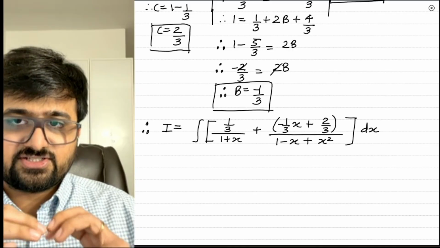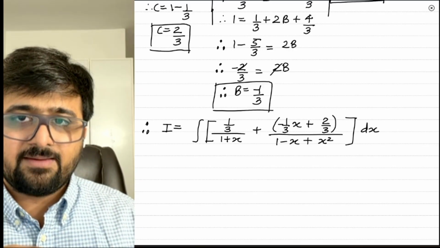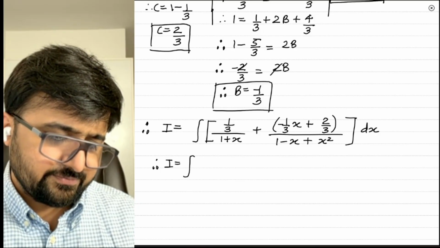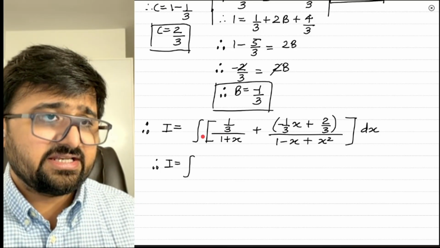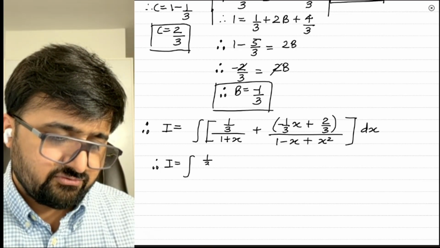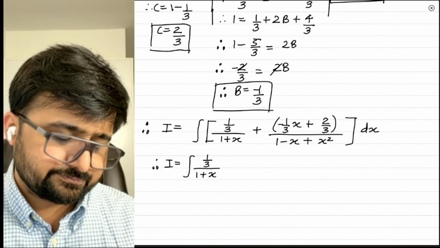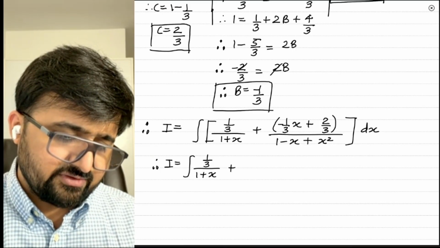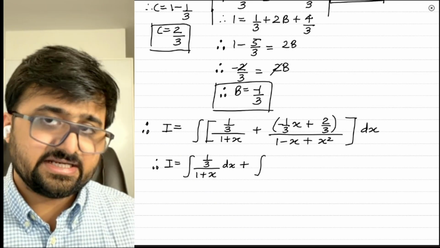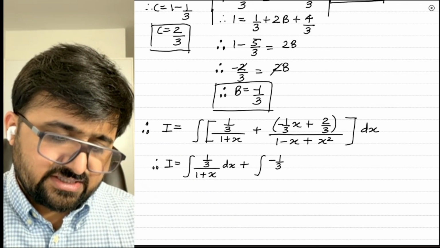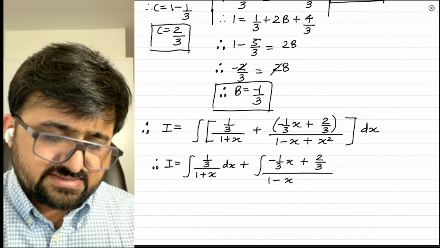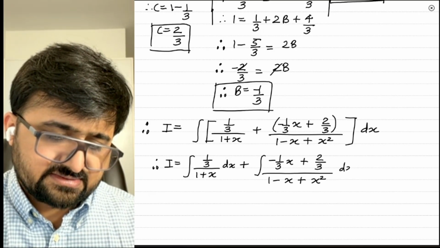We use partial fractions to find the values of a, b, and c. Therefore we can say I is integration of, we can split the integration into different parts. We can say 1 by 3 upon 1 plus x dx, plus integration of minus 1 by 3x plus 2 by 3 upon 1 minus x plus x square dx.